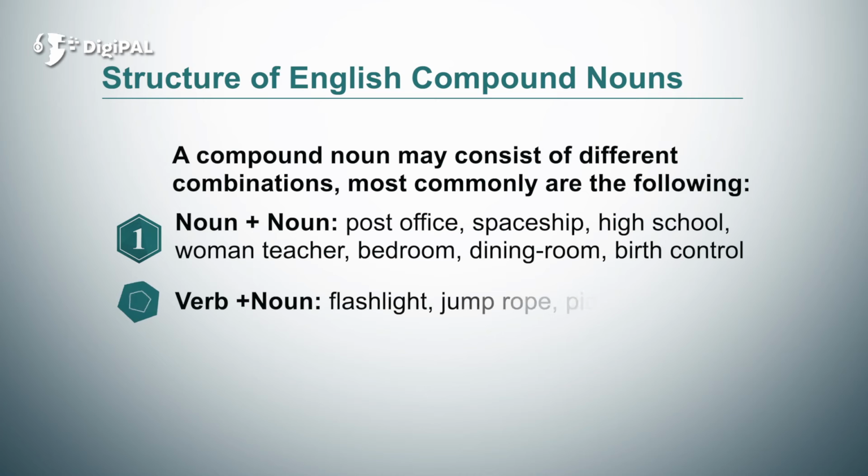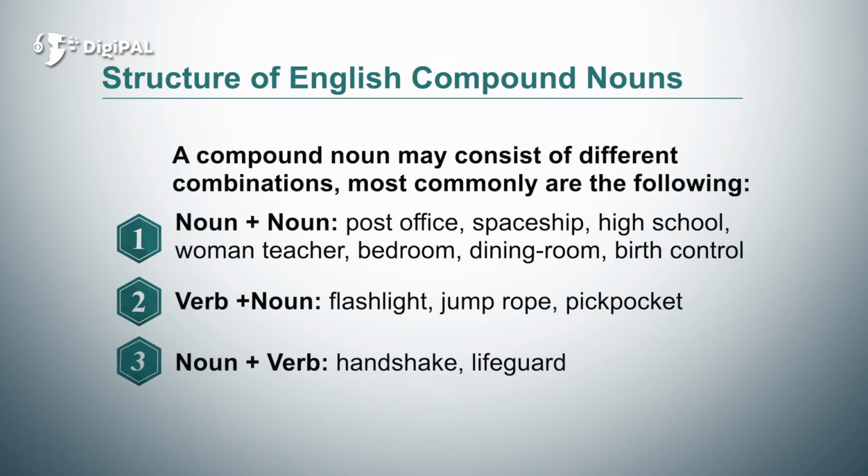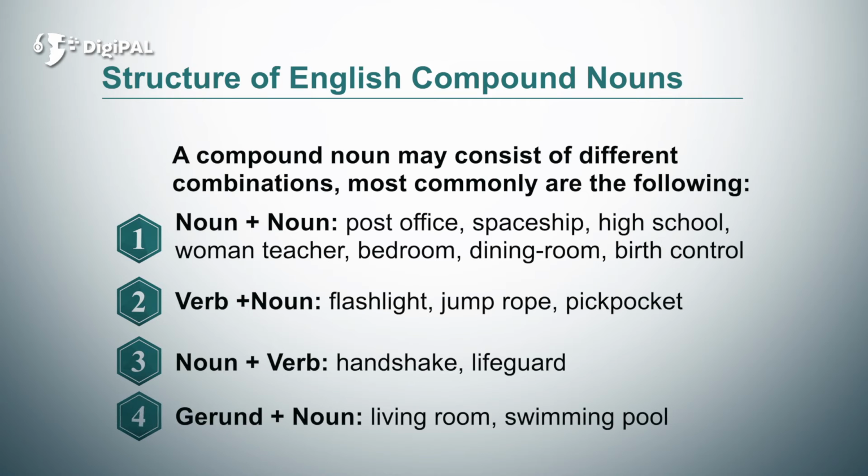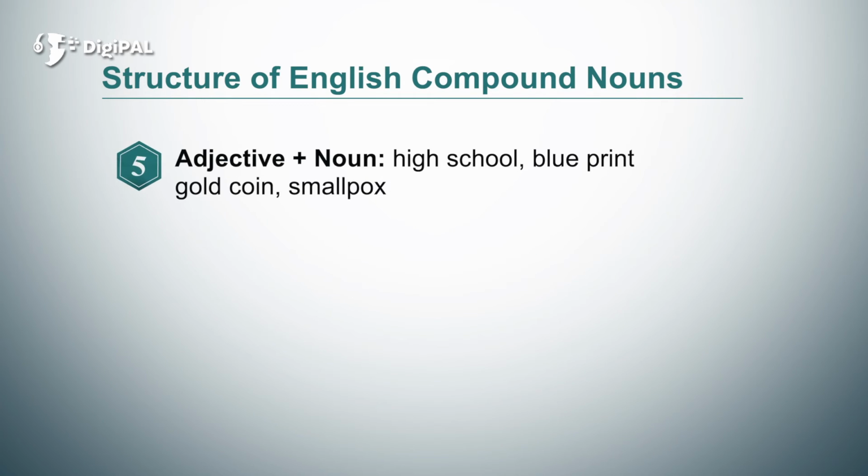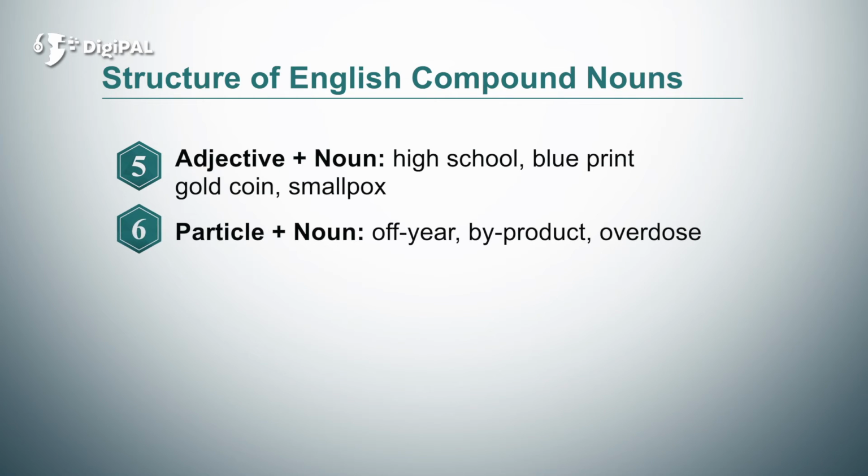We have a combination of a verb plus a noun. For instance, a flashpoint, jump rope, pickpocket. Okay? Or a noun plus a verb, handshake, lifeguard, or a gerund plus a noun, a living room, a swimming pool, or an adjective plus a noun, high school, blueprint, gold coin, a smallpox.